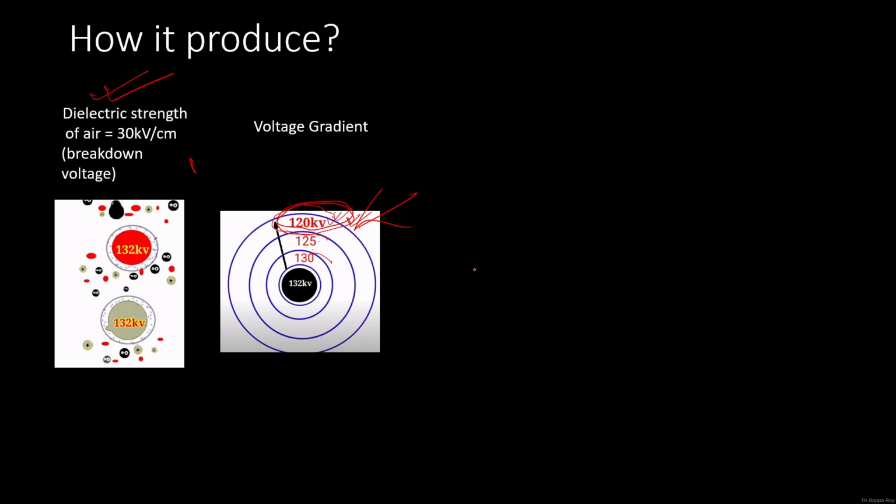This whole path is air, and only the middle part is the conductor. When the voltage here is more than 30 kilovolt per centimeter, at that time it starts ionizing the air.